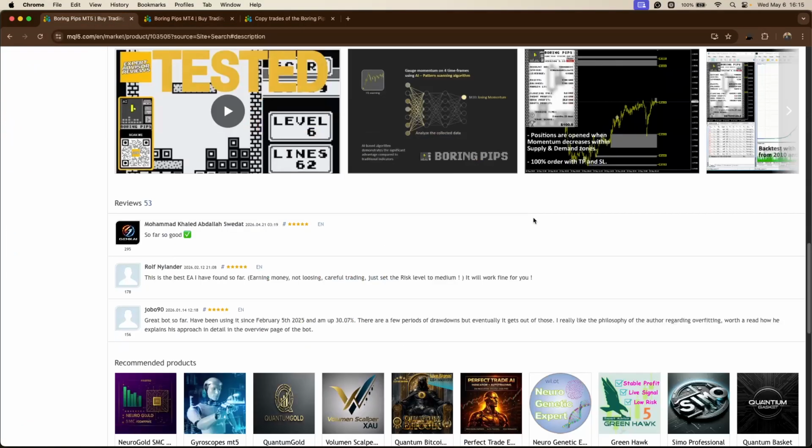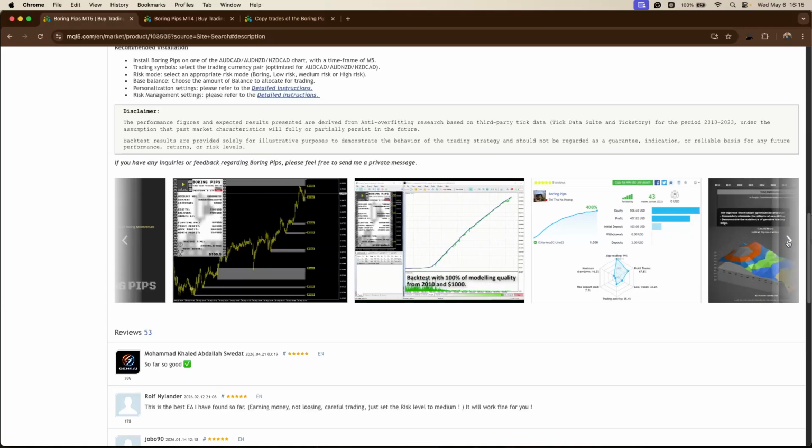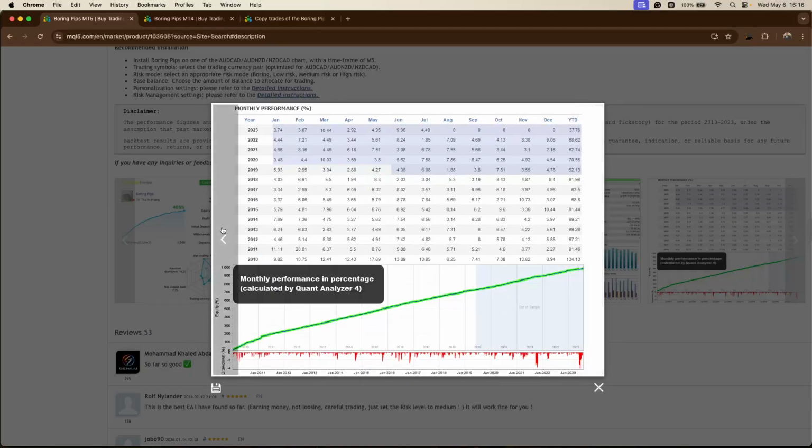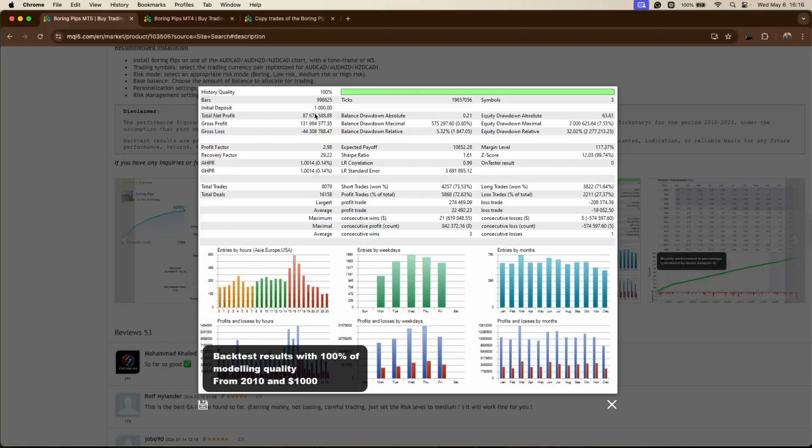And also talking about their backtest, we have their backtest numbers right here, and this is a backtest from 2010 to 2023. This is how it looks. From an initial deposit of $1,000, they are preaching $87 million.